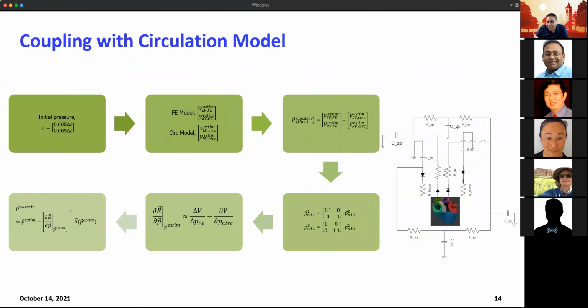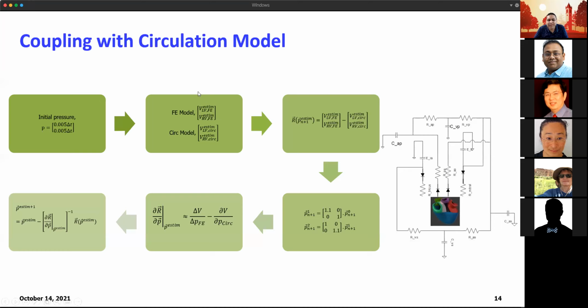So once we have the model of the heart wall itself, like I said, we need to couple that with the circulation model of the entire body. And this is done using what is called a reduced order model or a circuit model. So essentially, the blood vessels are modeled as resistances, and there's a pressure drop across the blood vessels. And then each chamber is modeled as a capacitance, which essentially can store blood.